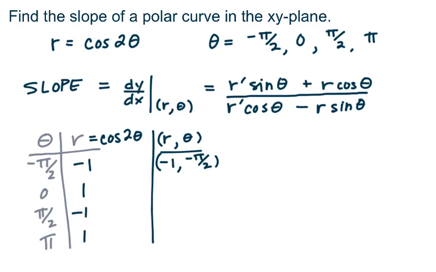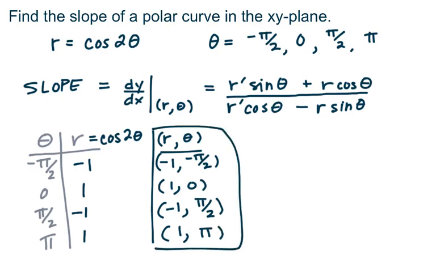So that gives me these ordered pairs for r and theta: (1, 0), (negative 1, pi over 2), and (1, pi). These are the points I'm going to use, plugging them into the function r, the derivative of the function, and also using the theta values.